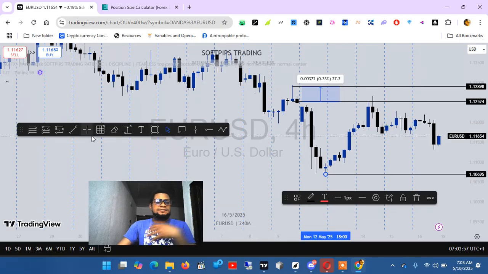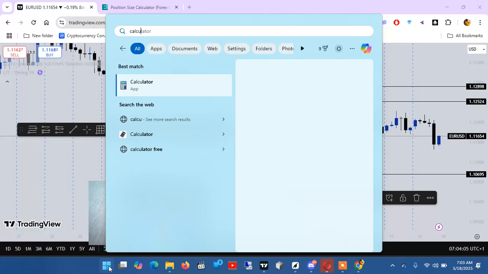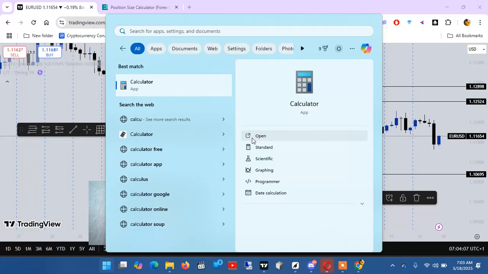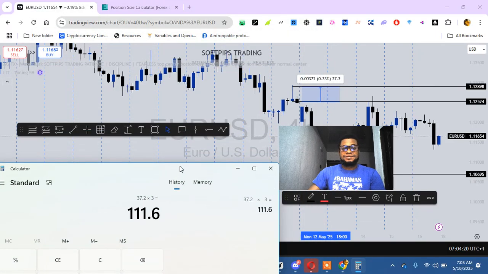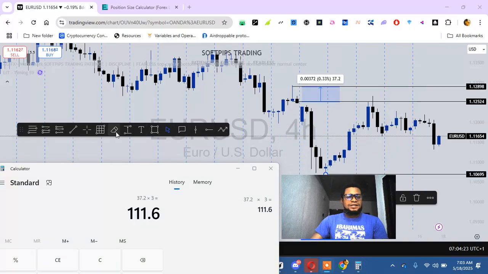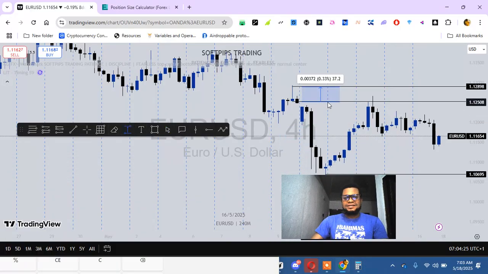Let me check the calculator. 37.2 times 3 is 111.6 pips. So I'm checking where is 111 pips around. See, we're having it around this level.